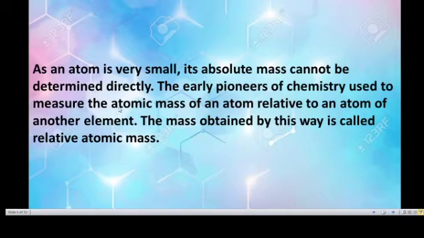This is the method. The mass obtained this way is called relative atomic mass.